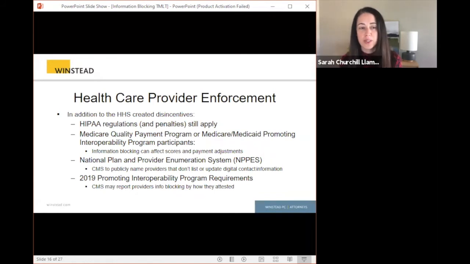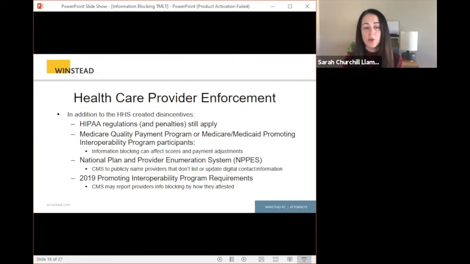Healthcare provider enforcement. In addition to the HHS-created disincentives for physicians and providers, HIPAA regulations and penalties still apply. So you can actually get hit with both. For Medicare Quality Payment Program or Medicare Medicaid Promoting Interoperability Program participants, information blocking can affect scores and payment adjustments. The National Plan and Provider Enumeration System, CMS, is going to publicly name providers that don't list or update their digital contact information as required.